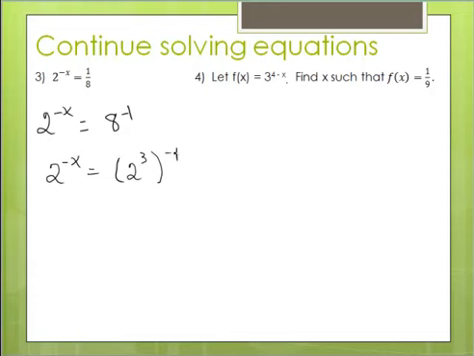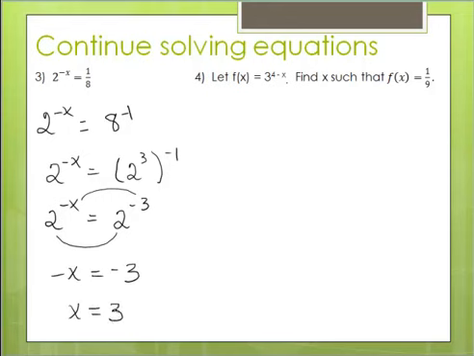Well, what do you do with a power to a power? Don't you multiply the powers? So 3 times -1 would be -3. These bases are now the same, which means the exponents are the same. So -x equals -3, which means x equals 3.